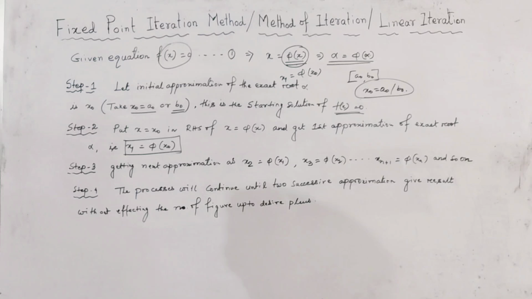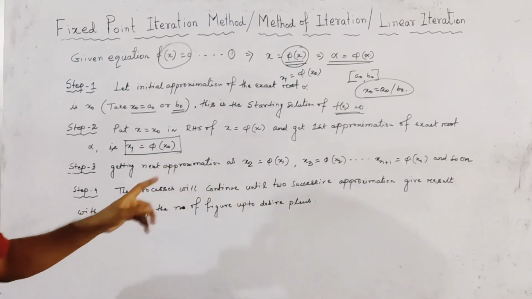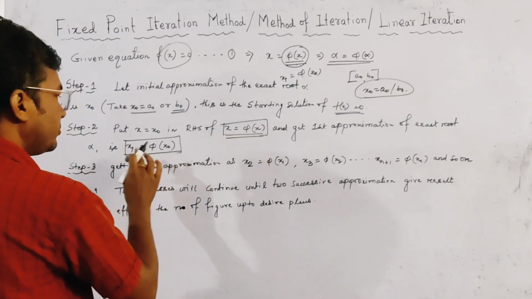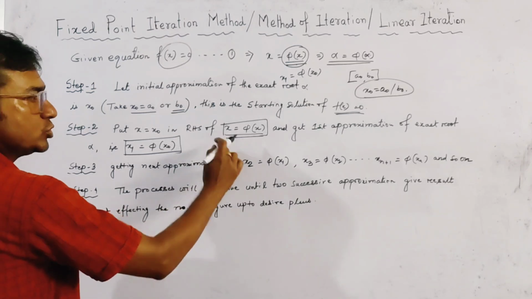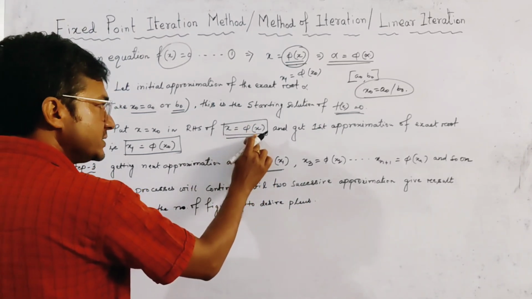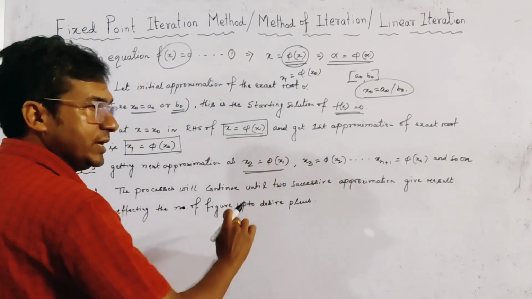Similarly, in the next step we put the first approximation x1 in the right-hand side of this equation, and we get the second approximation x2. So we get this formula. Putting x2 on the right-hand side, we get the third approximation x3.